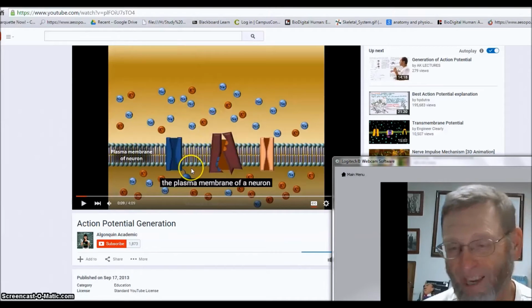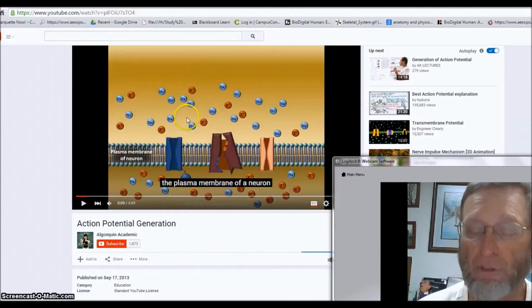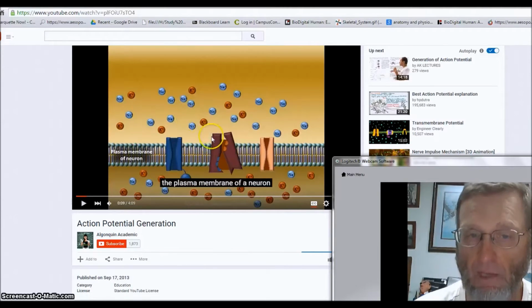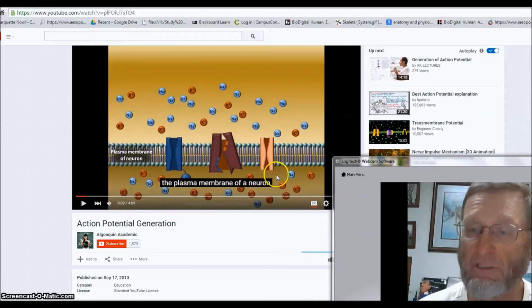And so technically in a lot of diagrams we'll see the plus outside, the negative inside, and then a reversal of that. And then that chemical reaction at that point on the cell membrane makes the next point susceptible, and then a sodium channel opens there, the process starts over.